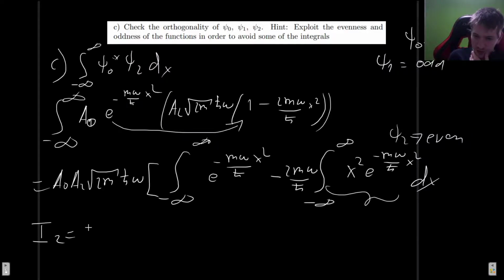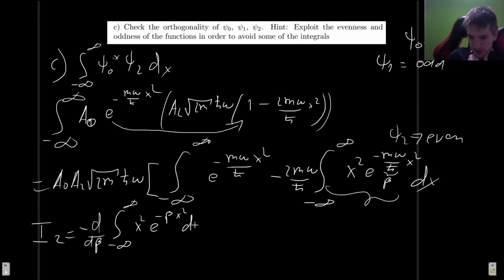So this is going to be minus d by d beta of the integral from minus infinity to infinity of x squared e to the minus beta x squared dx. Oh sorry, this is not supposed to have that because we already did this substitution.